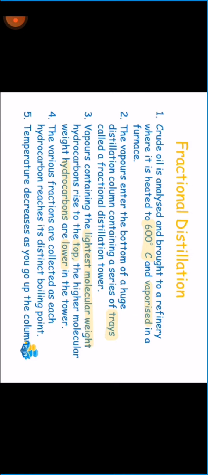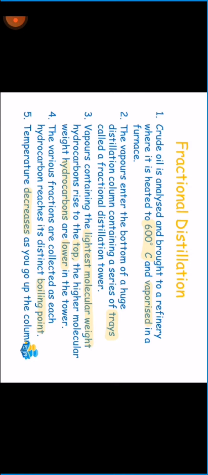The various fractions are collected as each hydrocarbon reaches its distinct boiling point, and the temperature decreases as you go up the column. The smaller hydrocarbons stay vaporized and rise up through the trays as the fractional distillation column gets colder; the temperature decreases as the height goes up.